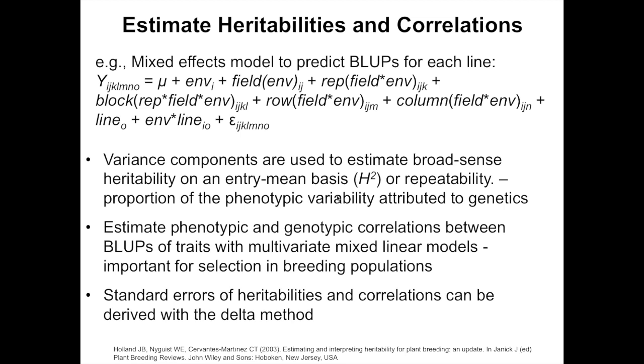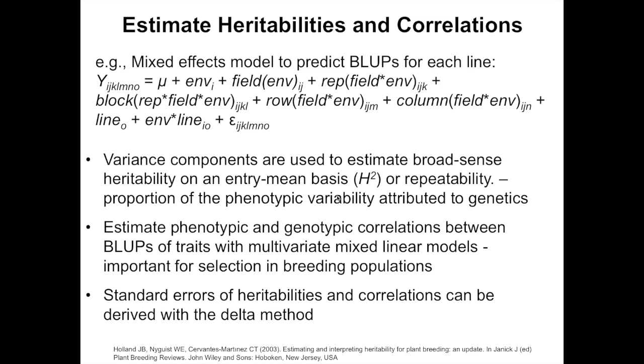And then with these BLUPs, you can also estimate phenotypic and genotypic correlations with a mixed model that can be a multivariate model where you're including two or more traits at the same time to see what the genotypic correlations are. But generally, I just do pairwise.